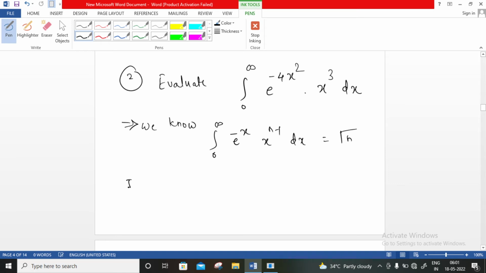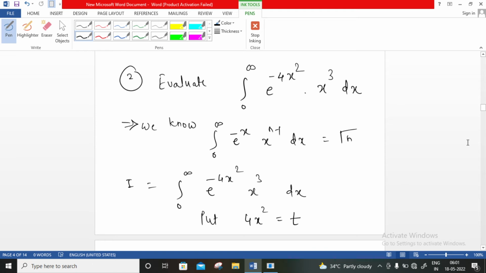Now you consider this integration 0 to infinity e raised to minus 4x square x cube dx. When you apply the definition of gamma function, you want the power of exponential in linear form. Hence, 4x square is a non-linear term, so you put this non-linear term in terms of a linear variable.